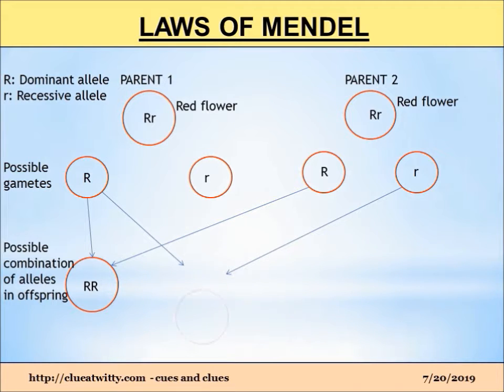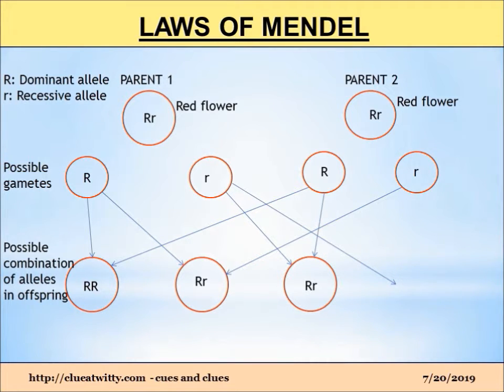Whereas when capital R fuses with small r, a red flower is obtained again with the genotype capital R small r. When capital R of the second parent fuses with small r of the first parent, again a red flower is obtained with genotype capital R small r. And when two small r's fuse together, a white flower is obtained.